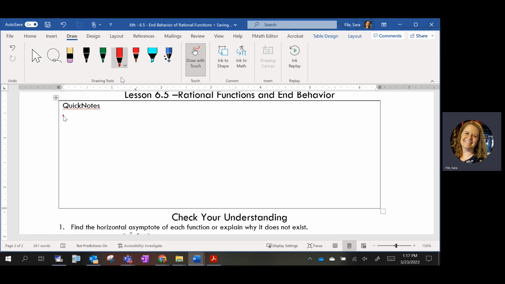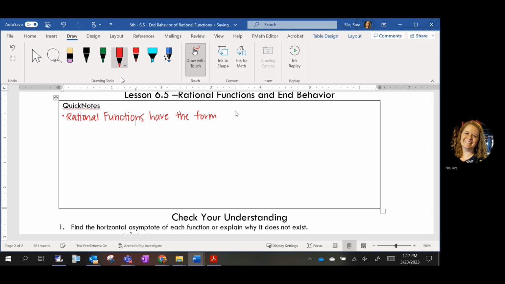So the first one is that rational functions have the form h of x equals f of x over g of x.